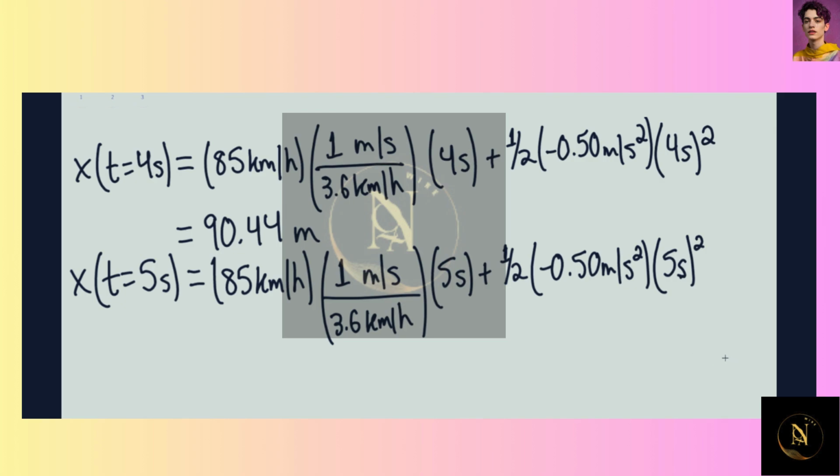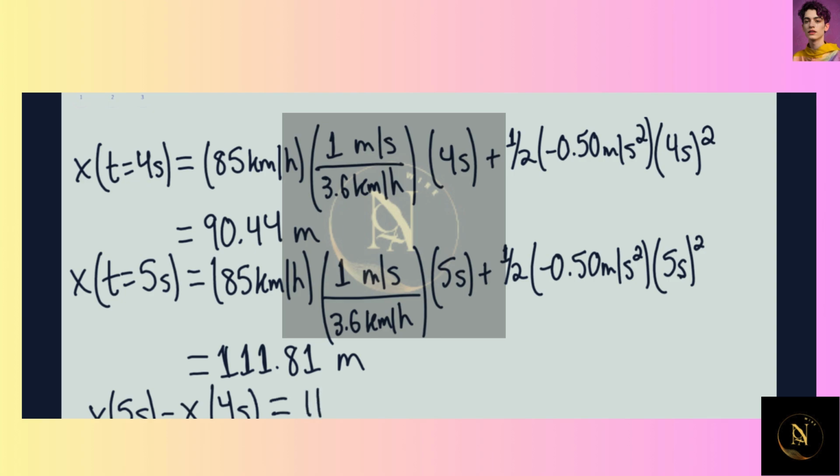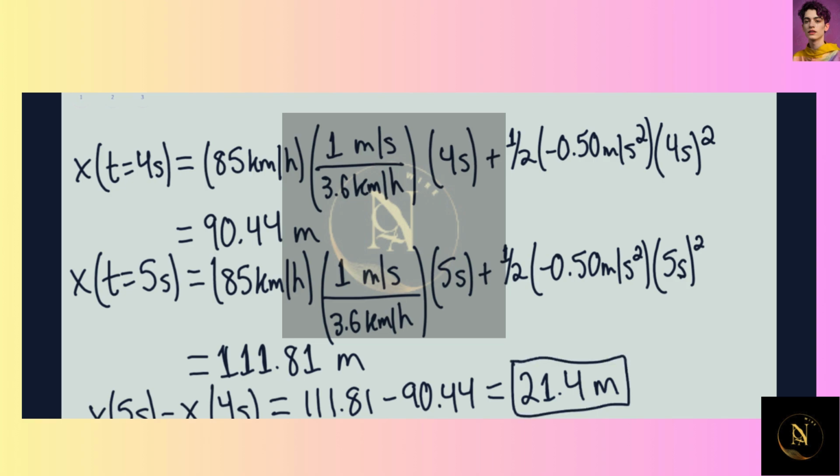And this is going to equal 111.81 meters. And we find that x at 5 seconds minus x at 4 seconds is going to equal 111.81 minus 90.44. And the distance traveled in that 5th second would be equal to 21.4 meters. That is the end of the solution.